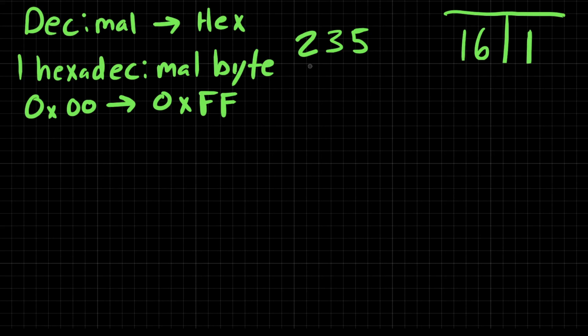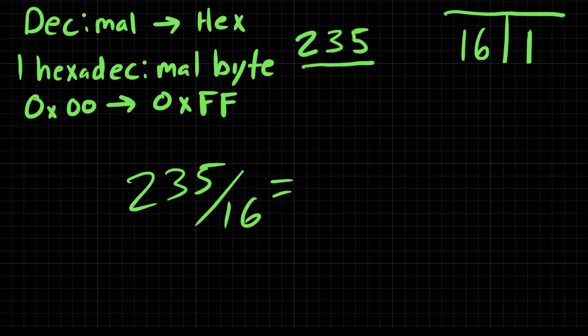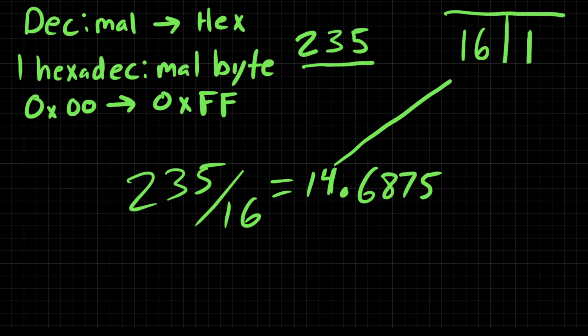All right, this time we're going to convert the number 235 into hexadecimal. I'm going to say, all right, what's the largest value in the places that will go into 235? And that is 16. So we're going to say 235 divided by 16. That will give us a number here of 14.6875. So that 14 is going to go in the 16's place here, but we can't use 14. We have to use E, because that is the symbol for hexadecimal.